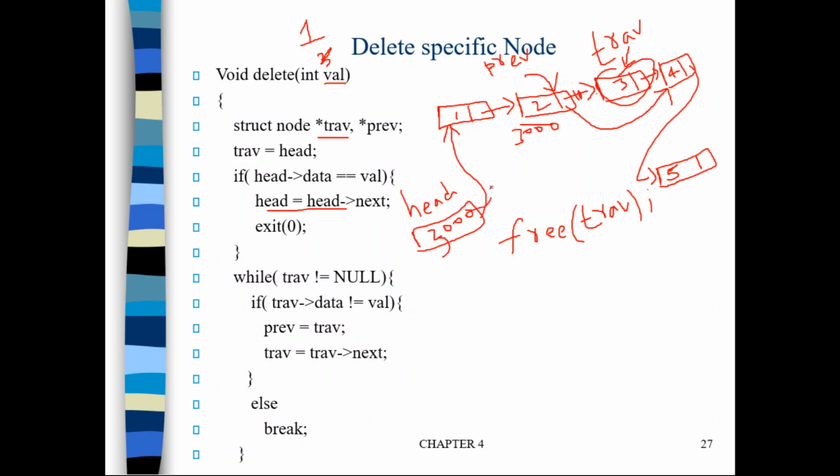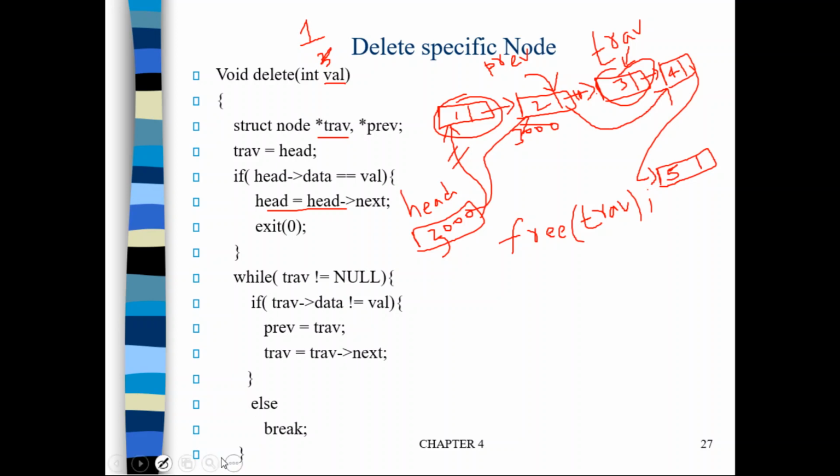It means head is not pointing to the first node, rather head is pointing to the second node. The moment head is not pointing to the first node, it is deleted. Because it is isolated from the list, you can free it by using the appropriate free function. So this is how we delete the nodes.